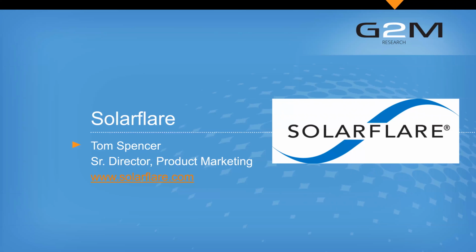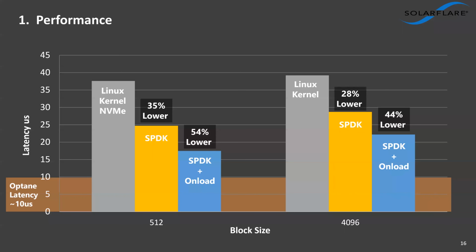Okay. So I basically put together a presentation to talk about why using TCP. The only performance benchmark that I have is this one here. So SolarFlare, for those of you that are not familiar, is a company that provides Ethernet connectivity solutions, but what we're known for is a TCP and UDP stack that we've developed over the last 14 years that runs in user space.